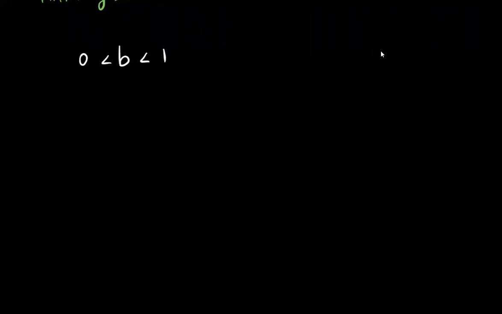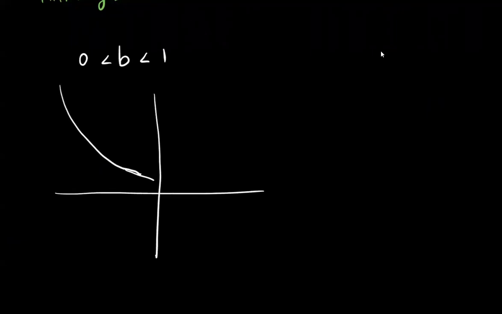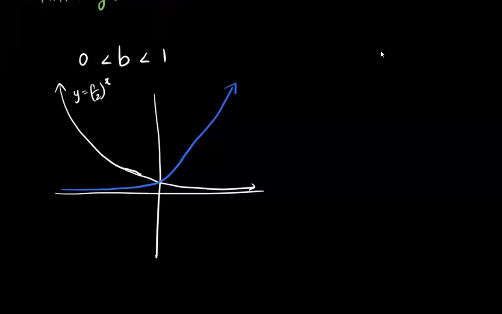So for example, when the base is 1/2, 1/3, and so on, your graph is now going to be a decay function, like so. So this will be the graph of 1/2 to the power of x, whereas my graph of 2 to the power of x was like this. So this is called an exponential growth function, the 2 to the power of x, whereas this is an exponential decay.